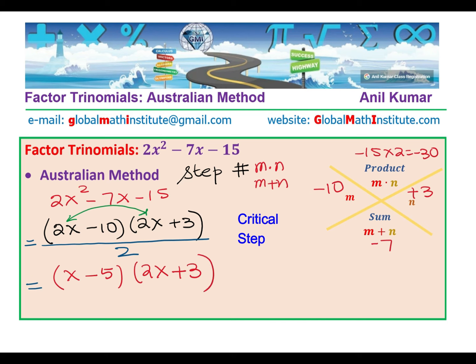So what we did is we simplified this by dividing the first factor by 2, and we got a result, right? So I hope you appreciate the basic method, right?